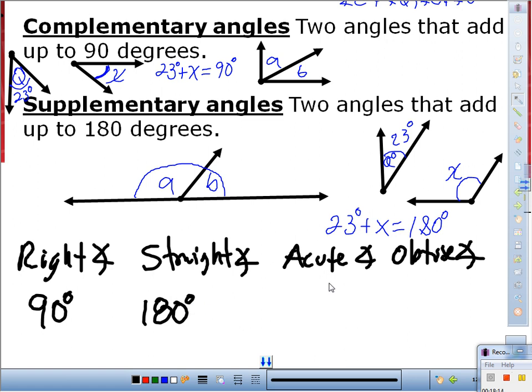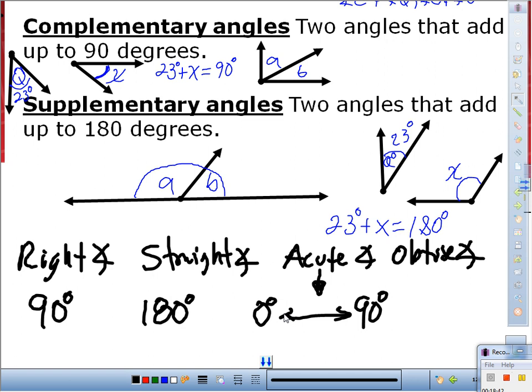180. Now this one I already talked about before, and I said it's easier if you remember a little baby. When people see little babies, they go, oh, what a cute little baby. What? Acute. So acute angles are degrees in between 0 and 90 degrees.